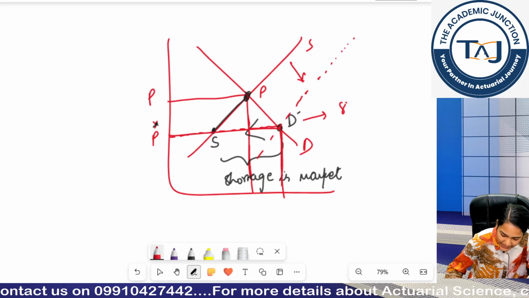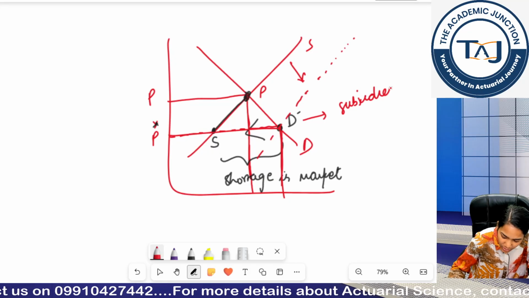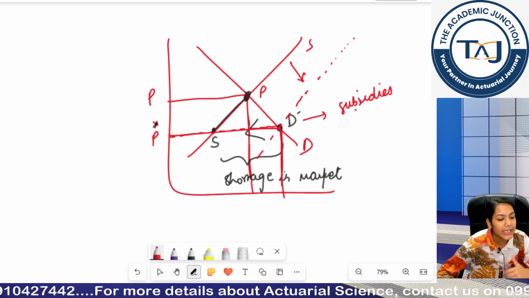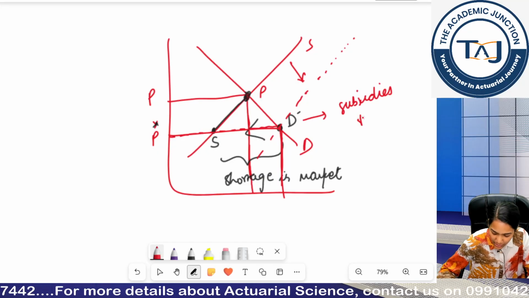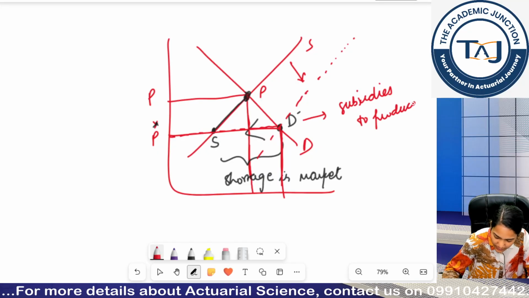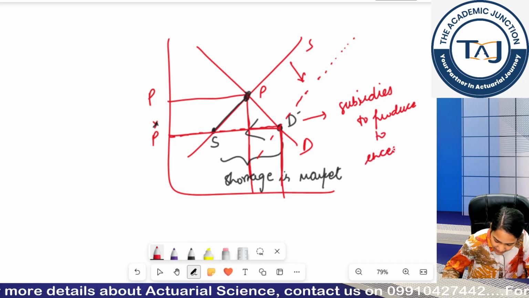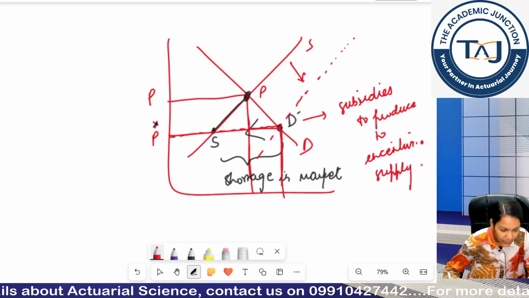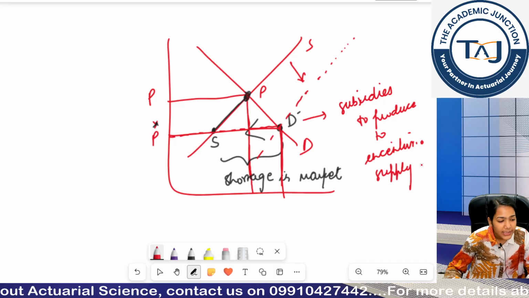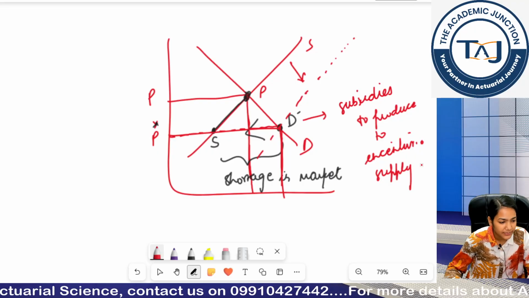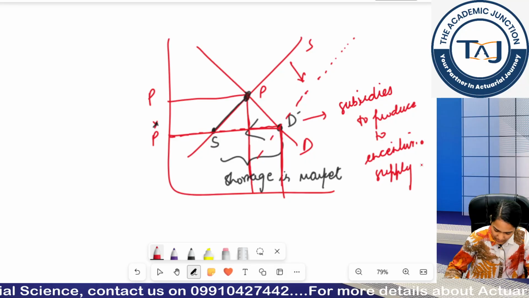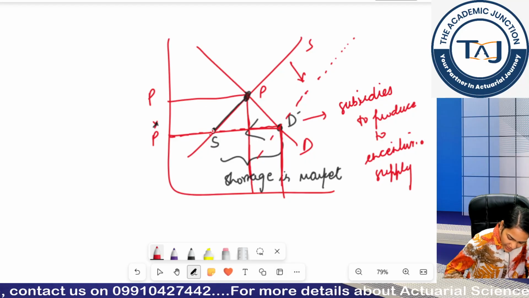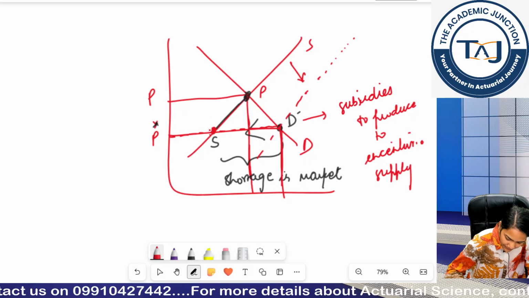How? For example, by providing subsidies to the producers, so they are more incentivized to produce. Or they can introduce tax, if they want to decrease the demand to this level.